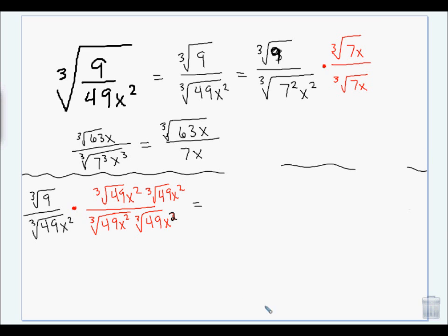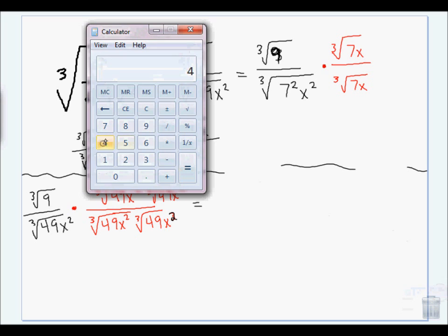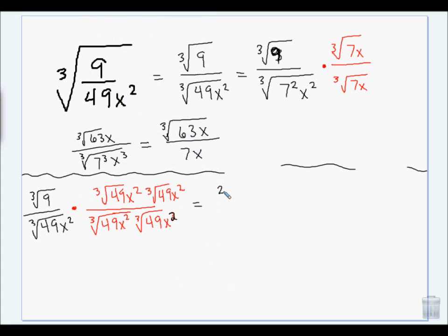Okay, so 49 times 49 times 9. That's ugly. And then that's over 49x squared.